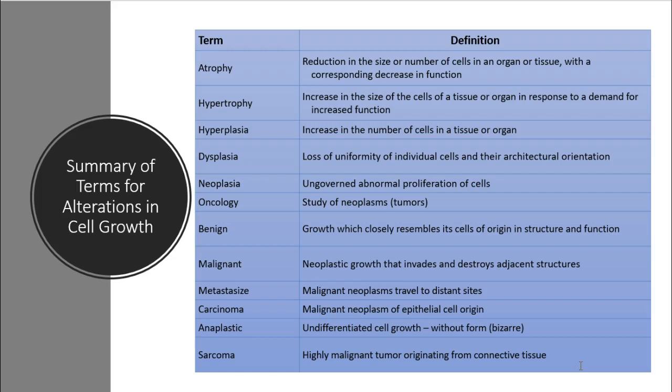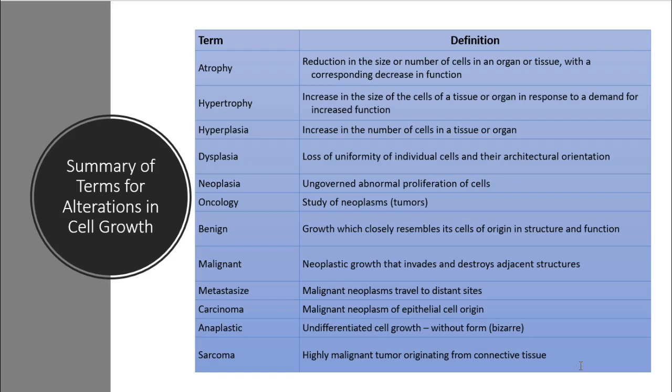Benign is a growth which closely resembles its cell of original structure and function. Malignant is neoplastic growth that invades and destroys adjacent tissue structures. Metastasize is malignant neoplasms that travel to distant sites. Carcinoma is a malignant neoplasm of epithelial cell origin.